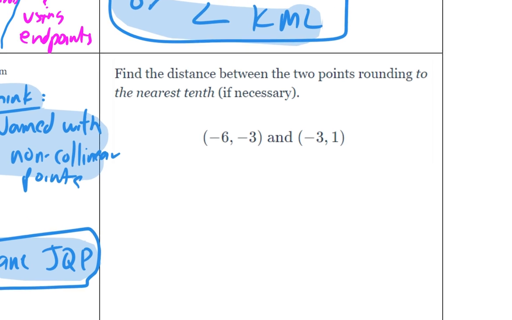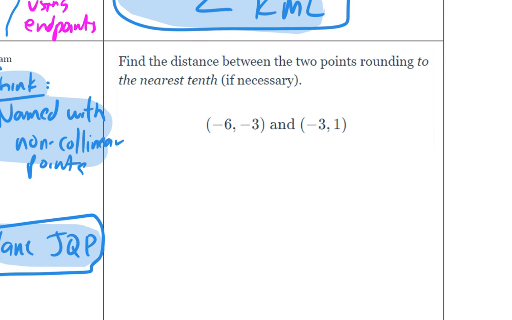All right, next, find the distance. Here's the key word: find the distance. And now this one is on 1.2 day. On the distance formula, here's what we're going to think.